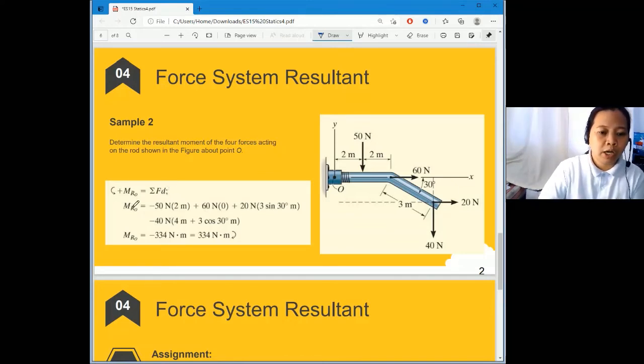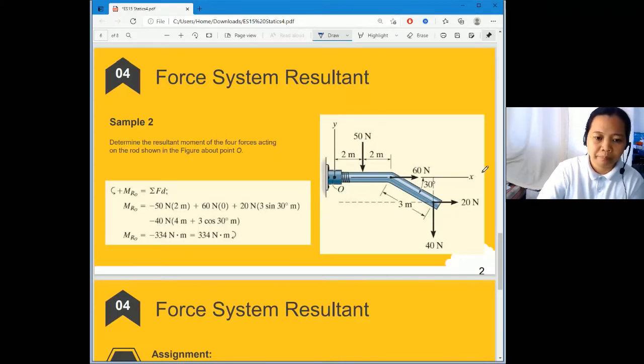So the resultant moment at O equals 50, the first force, and it is clockwise. So negative 50 multiplied by 2, its moment arm, plus the second one, 16 Newton multiplied by its moment arm, which is 0 because it is in line with point O.